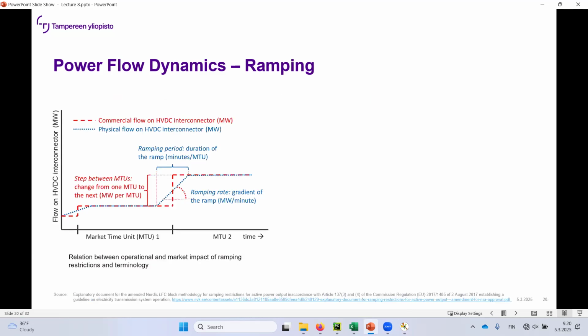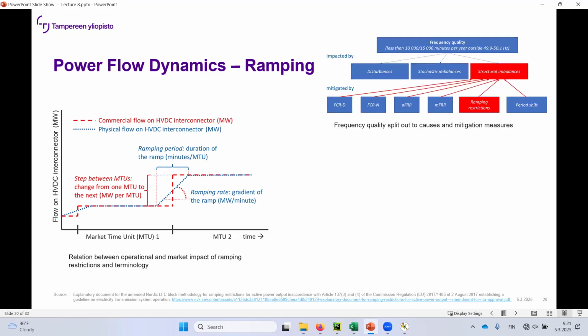And so this would be basically the ramping rate limit in graphical form. So if there's a step change in the commercial flow and physical flow, you cannot exceed a certain ramp in the physical flow. So that's going to affect the commercial flow.